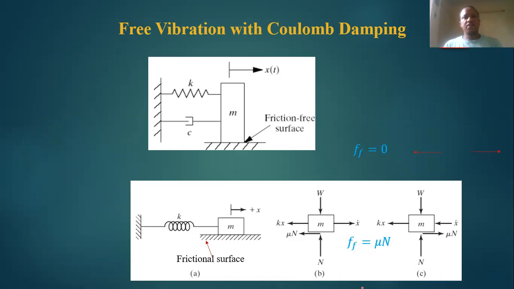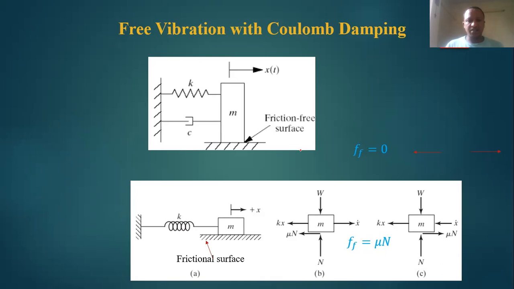Free vibration with Coulomb damping. Here the situation is different from the previous one. In the case of viscous damping, we consider a viscous fluid, and the friction between the sliding surface is considered zero, which is frictionless.